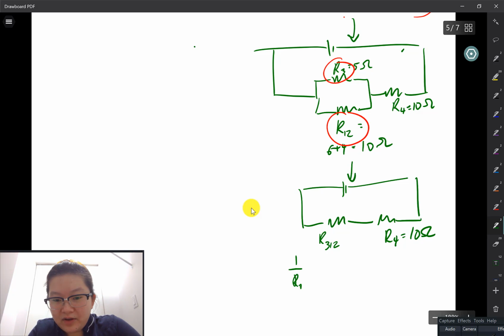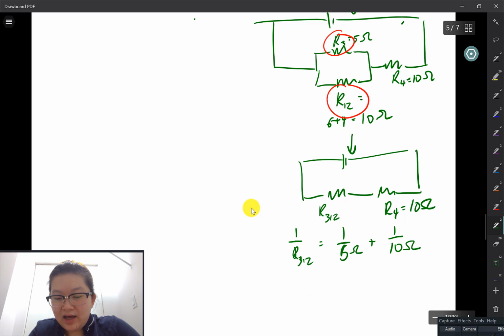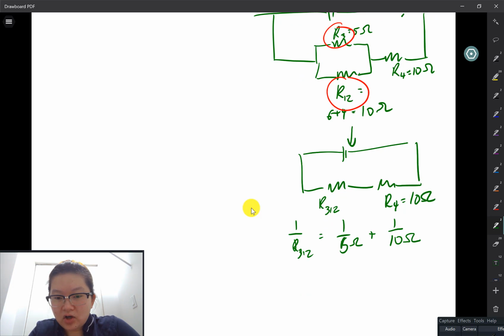1 over R312 is going to be 1 over R3, which is 5 ohms, plus 1 over R12, that's going to be 1 over 10 ohms. And if I add these together, I'm going to get 1 over R312 equals 2 plus 1 is 3, so 3 over 10.